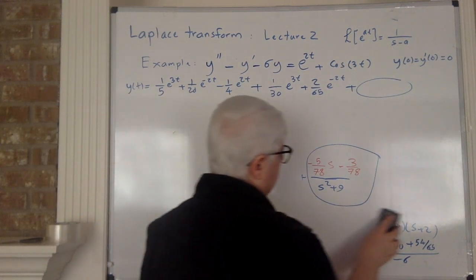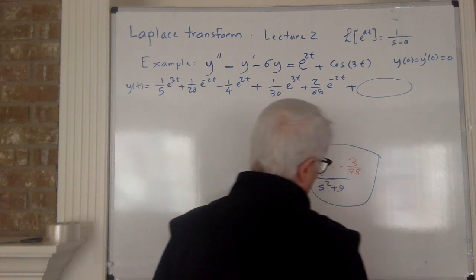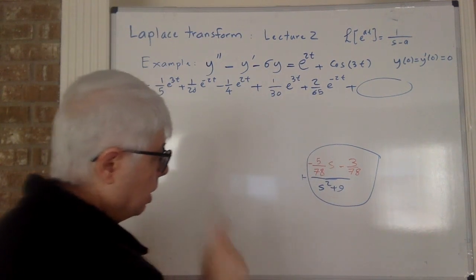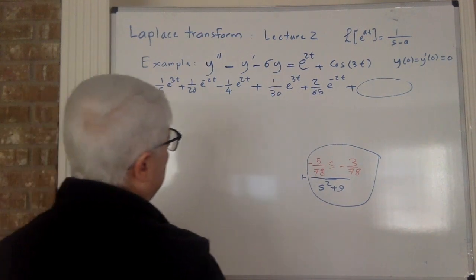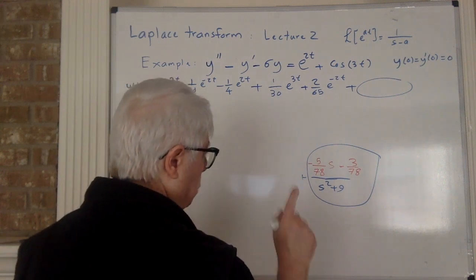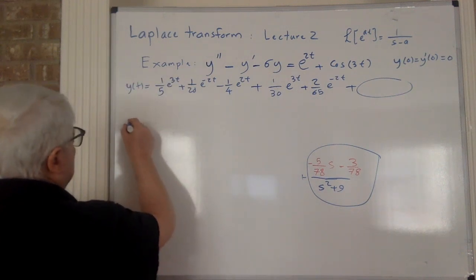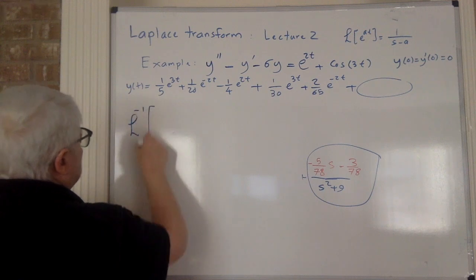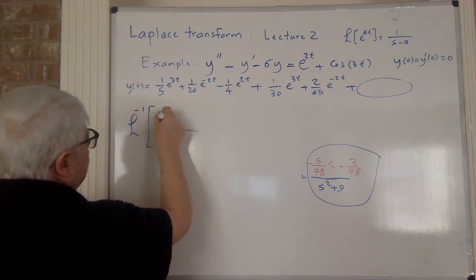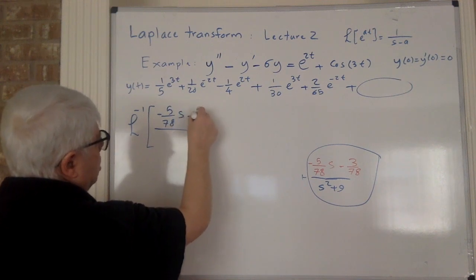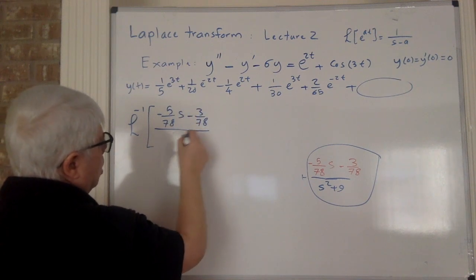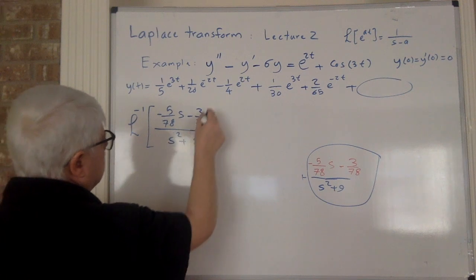Now, if there is an exam and you have to come up with this, then you have to find the L inverse, and you have to show me how you do it. Don't just write the answer. So the L inverse of this is minus 5 over 78 s minus 3 over 78 over s squared plus 9.